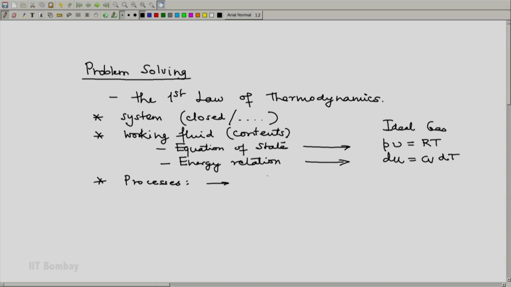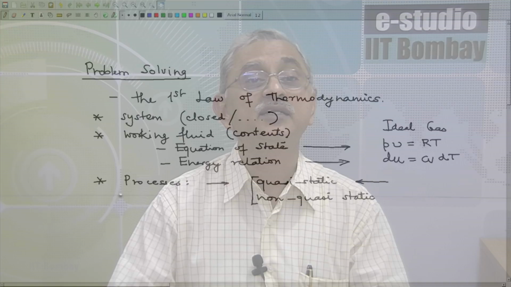Now we know one classification of process as either quasi-static or non-quasi-static. This is one specification, and we know that quasi-static processes would be amenable to analysis by integration, because we know everything intermediate from the initial state to the final state.